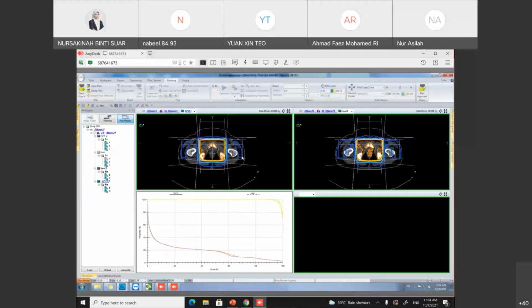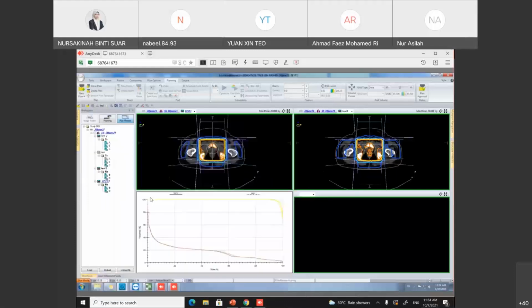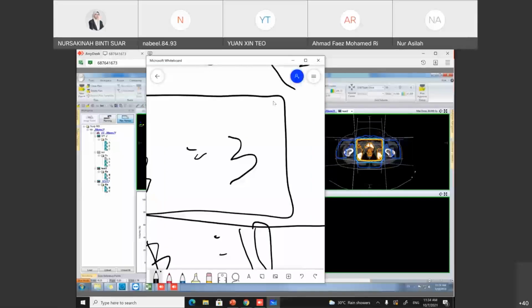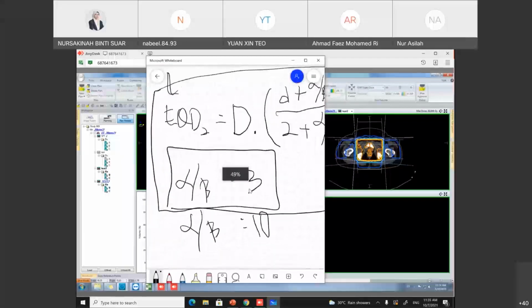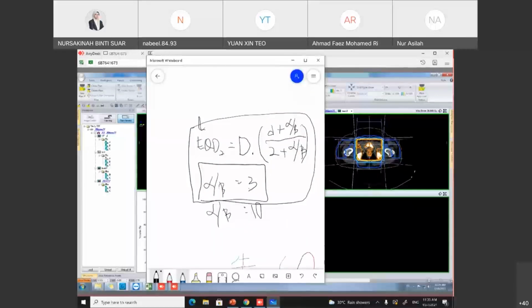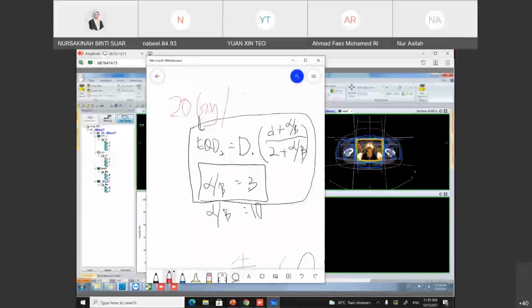So now you can calculate on my whiteboard. Just now, all our prescription is 20 gray in 5 fractions, which the dose per fraction is 4 gray.